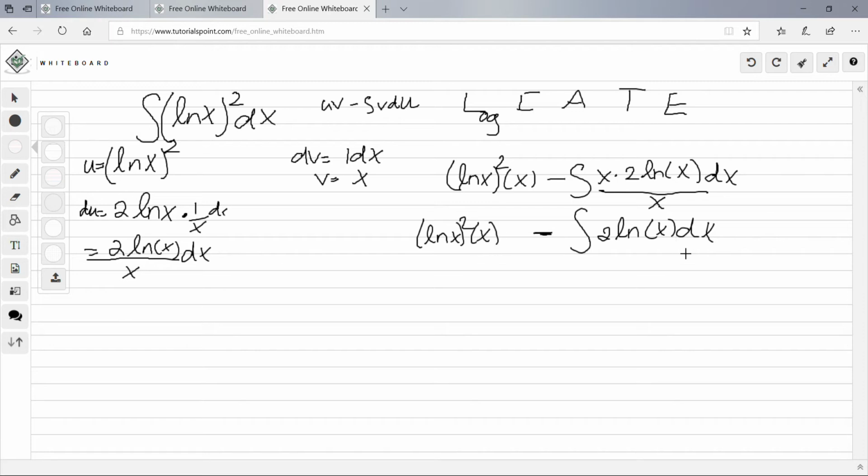So over here we're going to have to do integration by parts twice. So what is our u? We have a 2 ln x times dx. So we have a natural log.